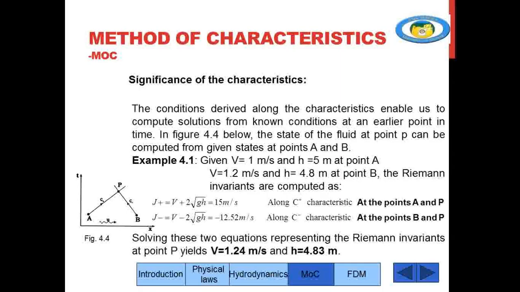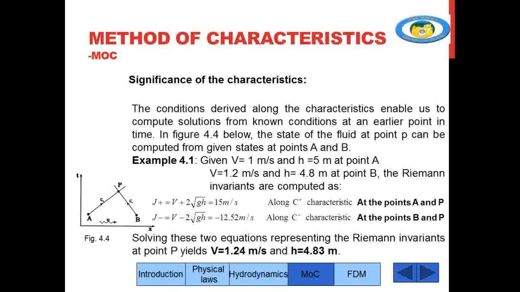So we are going to calculate the Riemann invariant at point A, and then equate that with the Riemann invariant at point P. That would mean VA plus 2 times radical of G times HA. That's the Riemann invariant at point A. Now let's calculate the corresponding Riemann invariant at point P along the C plus direction.